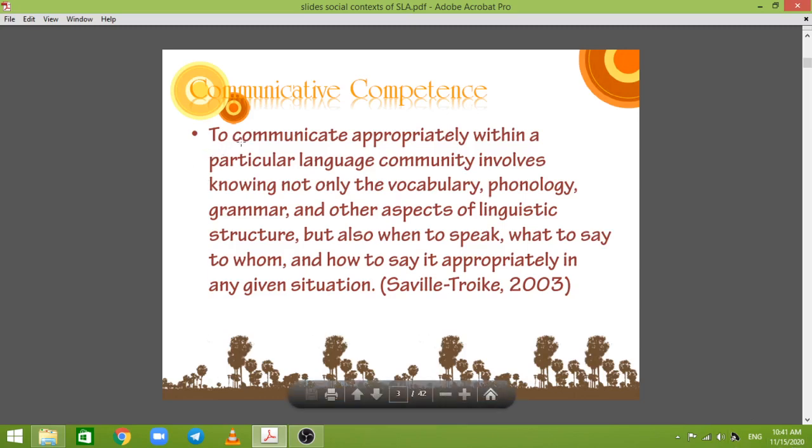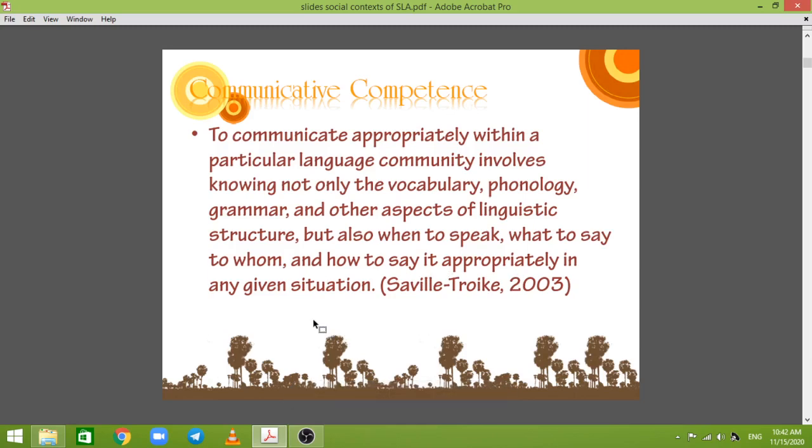The purpose is to communicate appropriately within a particular language community, involving knowing not only the vocabulary, phonology, grammar, and other aspects of linguistic structure, but also when to speak, what to say, to whom, and how to say it appropriately in any given situation.